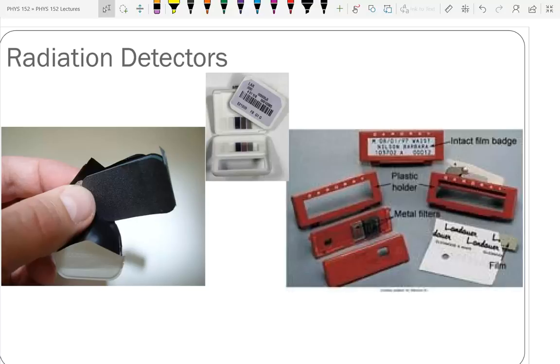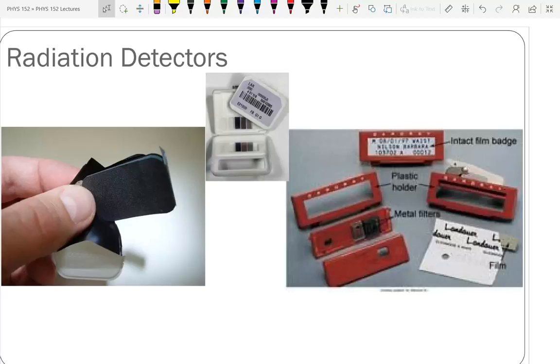Because women pretty much are born with all of their eggs, and if those eggs are damaged, any time for the rest of their life they have a kid, there's potential of damage to that kid. Men, about every week or so, completely regenerate their supply, and thus, as long as they don't have a kid while they're working, they're probably not going to pass on a problem, or less likely to pass on a problem. So they had different rules for men and women because of that.